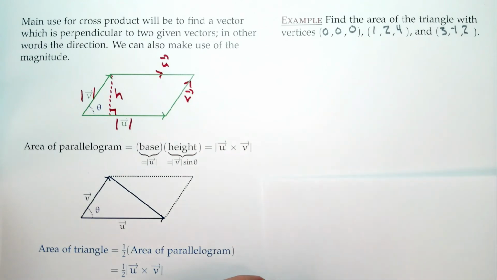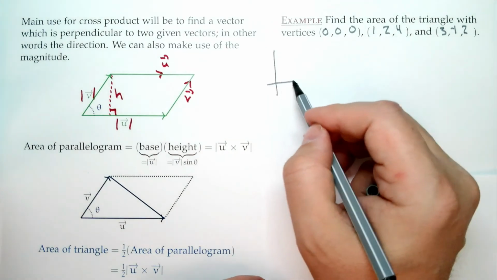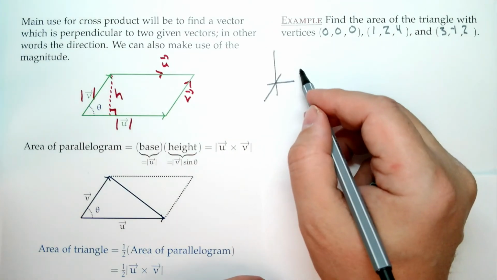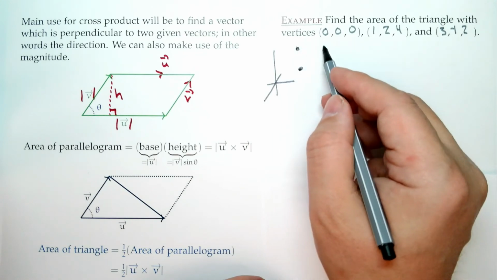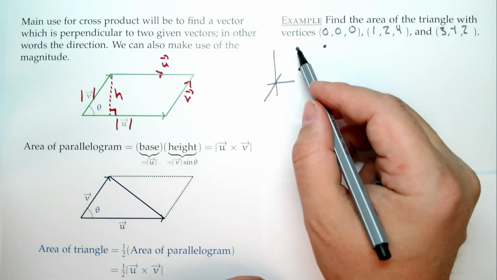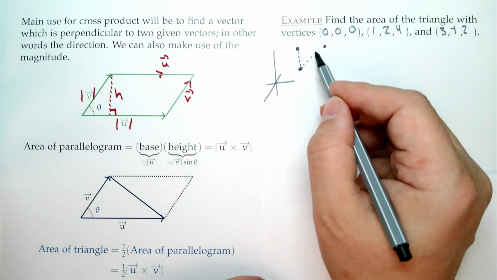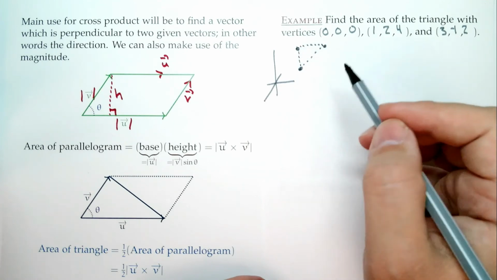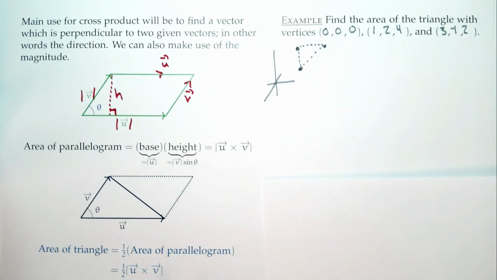Okay, so what do I do? Well, what's the intuition? I'll draw a picture. So I have 3 points, and I want to find the triangle between these 3 points. And so what I can say is, aha, I really just have to find 2 vectors and take their cross product. Now, which 2?